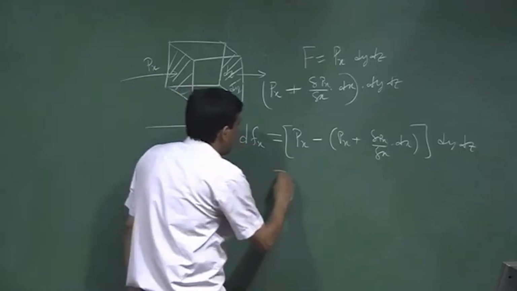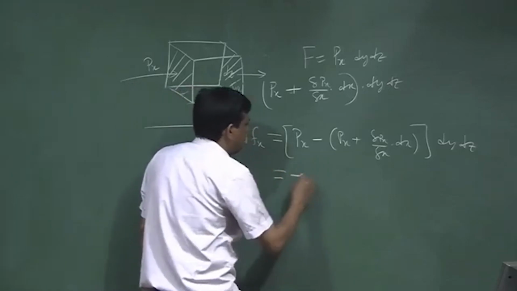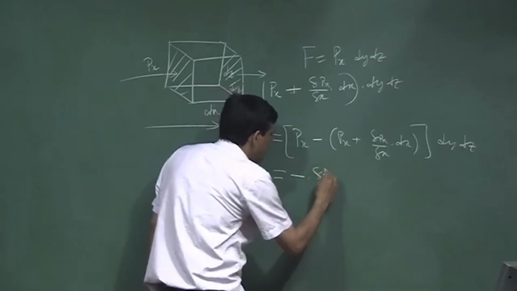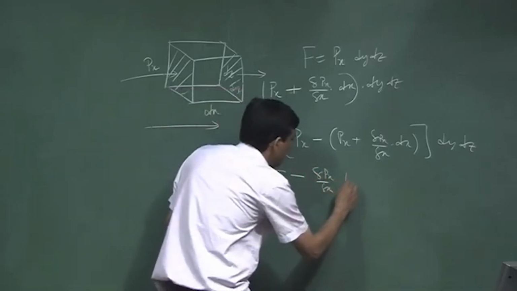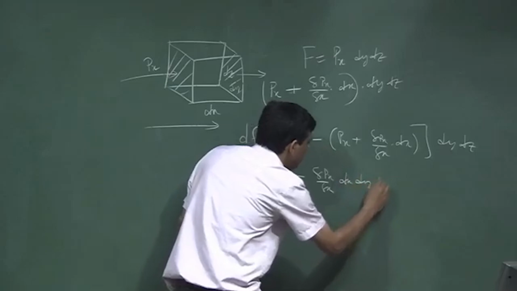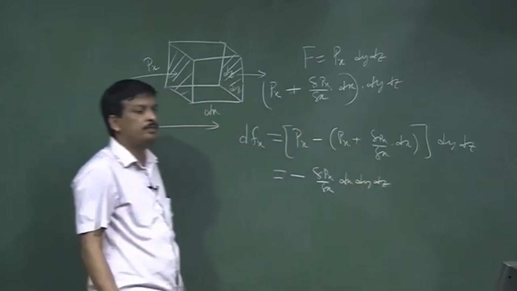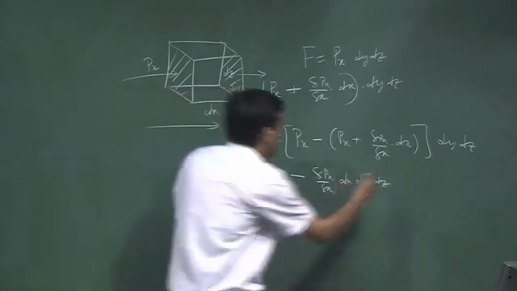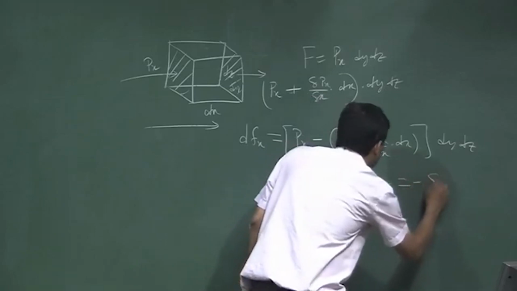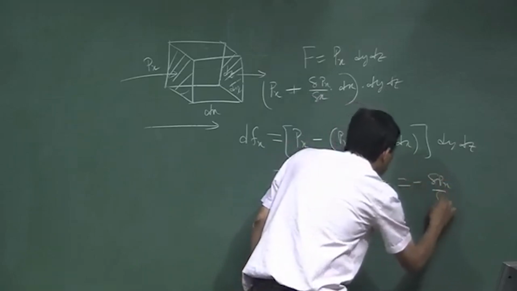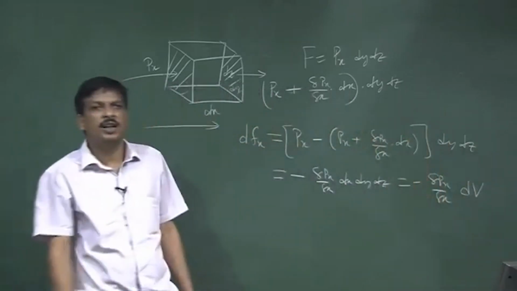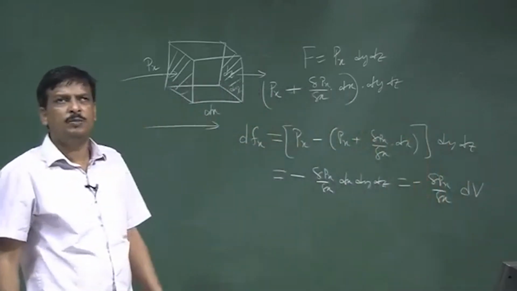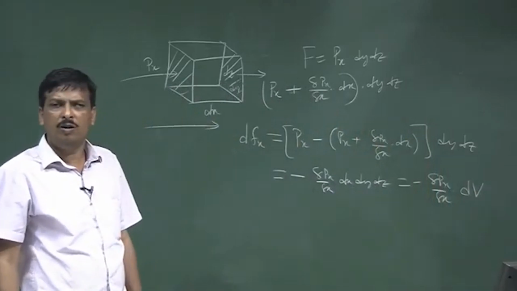Simplifying, it is minus del Px by del x into dx dy dz, which is minus del Px by del x into dv, where dx dy dz is the volume.